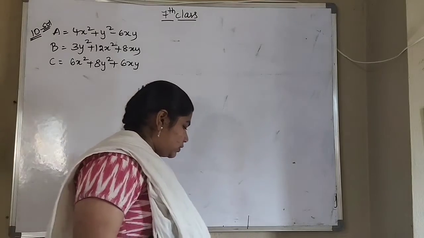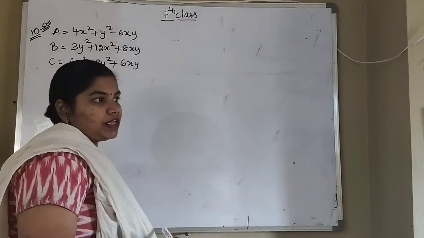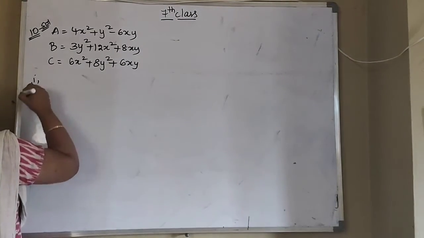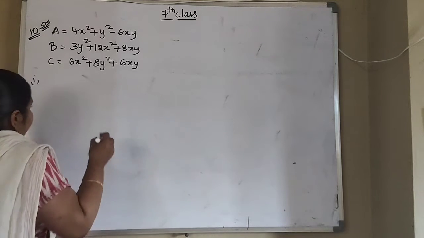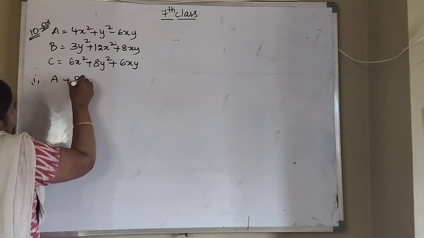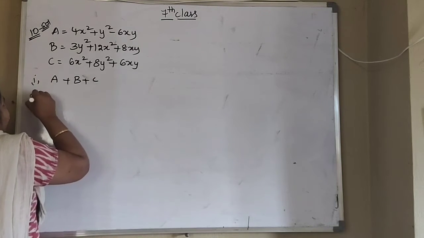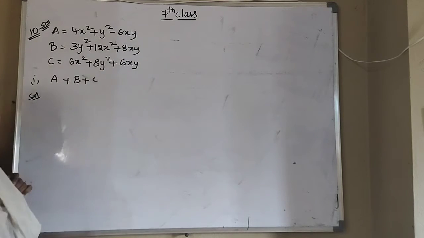So these are the three expressions. They have given some questions, we have to find those. The first one is A plus B plus C, so we have to add all the three expressions here.